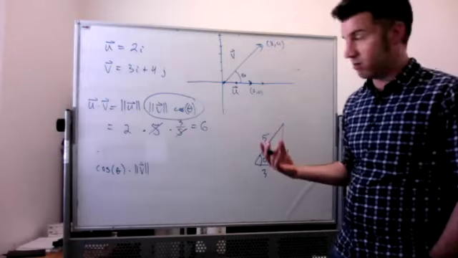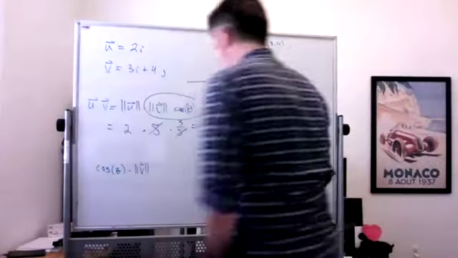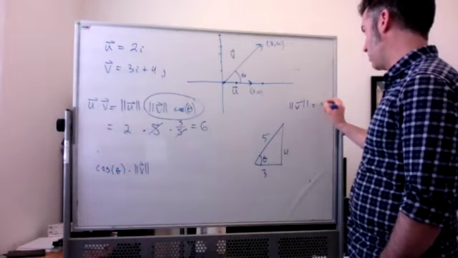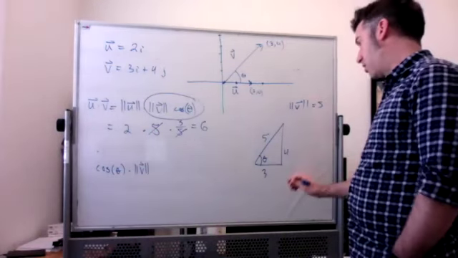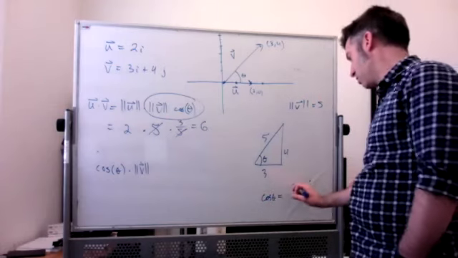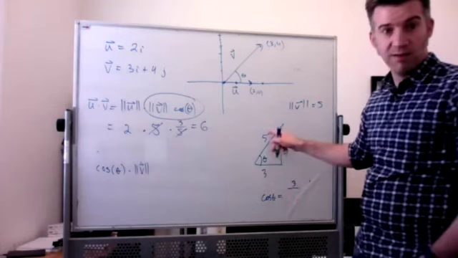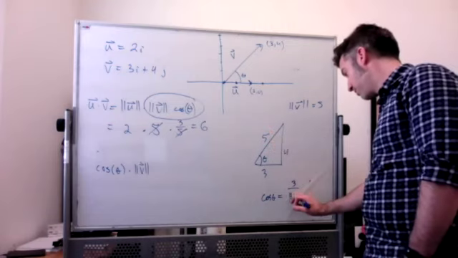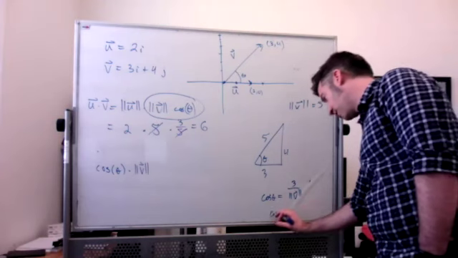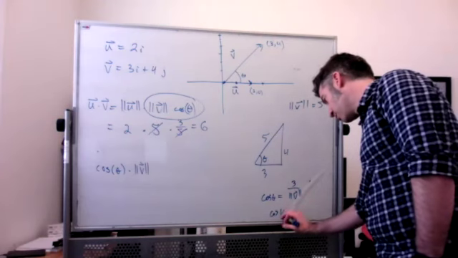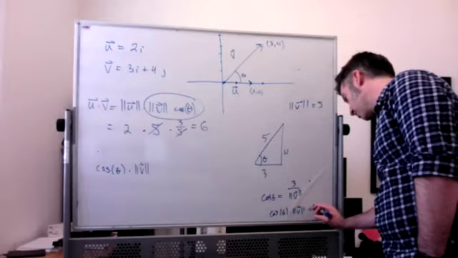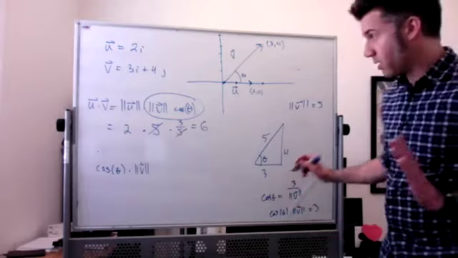Let me say that again. If I'm looking at the magnitude of v, which in this particular example is 5, well, cosine of theta is equal to 3 divided by the magnitude of v. So cosine of theta times the magnitude of v is equal to 3 in this particular example.